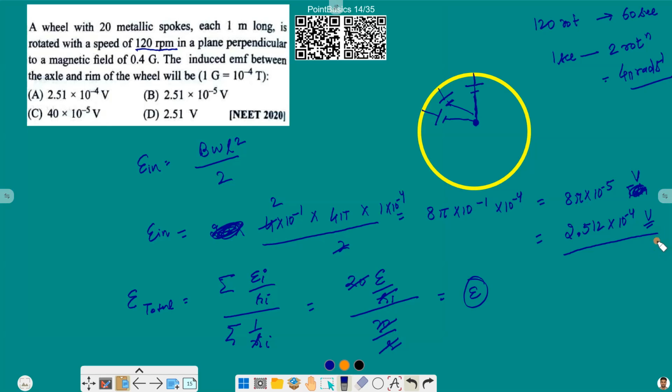Only their current will be increased. As we have only asked for the induced EMF, it will be 2.51 into 10 raised to power minus 4 volts.